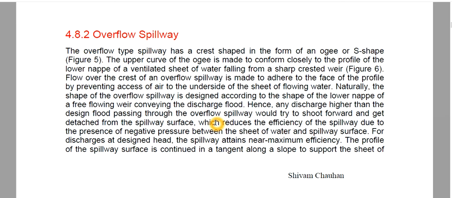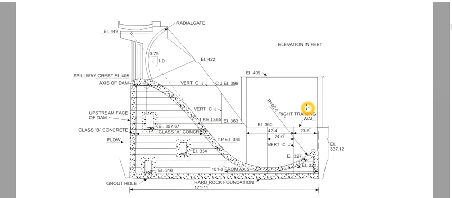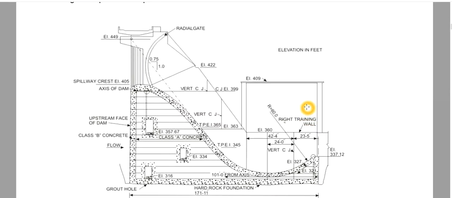The upper curve of the ogee is made to conform closely to the profile of the lower nape of a ventilated sheet of water falling from a sharp crested weir. You can see in this figure. You have to draw this figure in your design of water resources engineering lab too.